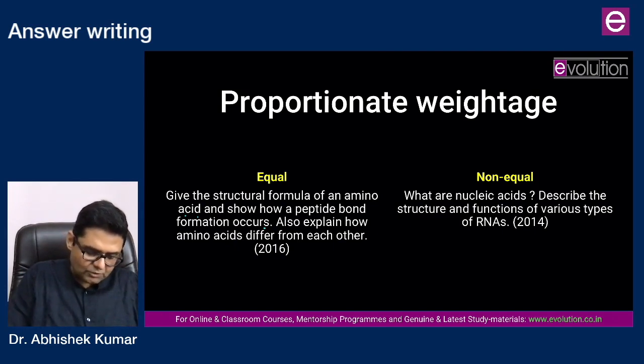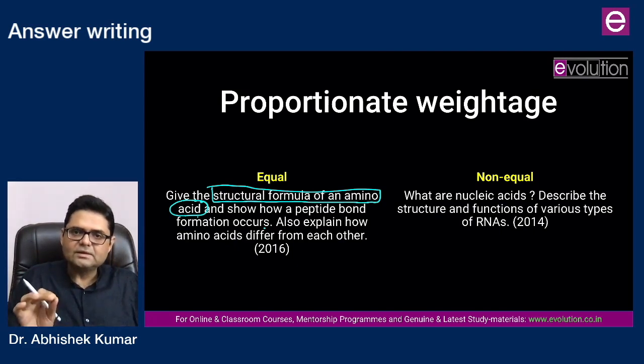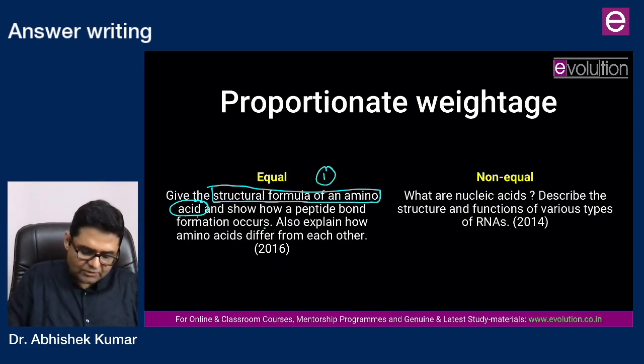So first and foremost, you will talk about the structure of amino acid. So even though it is saying that draw only the structural formula, explain what an amino acid is made up of. So this is one part of your answer. Second, show how peptide bond forms.